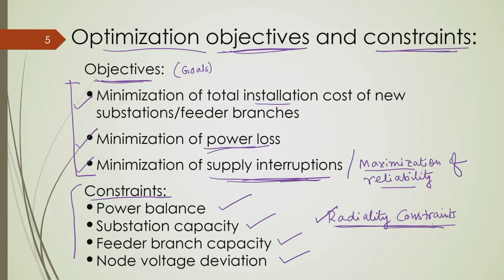This is another constraint distribution network planners keep, so that they get a radial network as an outcome of their planning process. And what is the radiality constraint?